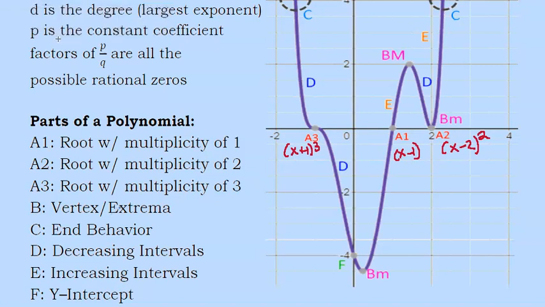Now B is the vertices, it's the extrema. This B right here is a max. It's a local max. Also, it could be called relative. Relative local maximums are not the highest point, because arrows will be pointing above that. This one is a relative minimum.